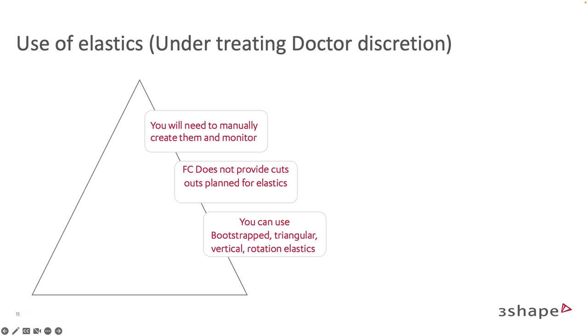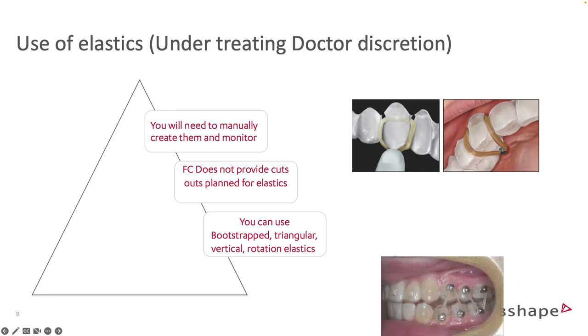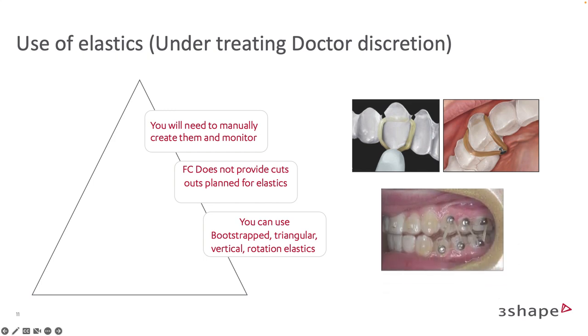Also, another technique that I can mention as auxiliary help will be the use of elastics. And the use of elastics is totally under the treating doctor's discretion. You will need to manually create the cuts, the slits. You can do it with the scissor. You can also use the punch plier. That is up to you and with what you can find on the market.